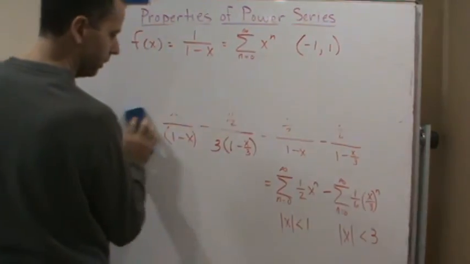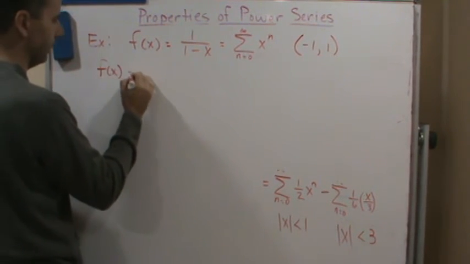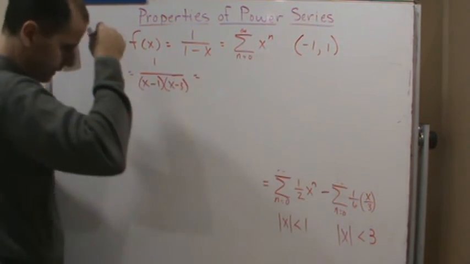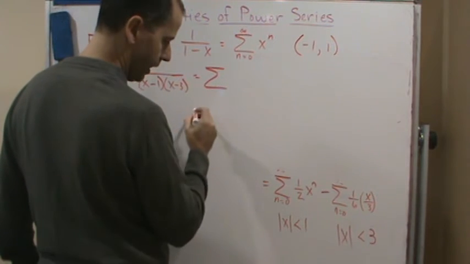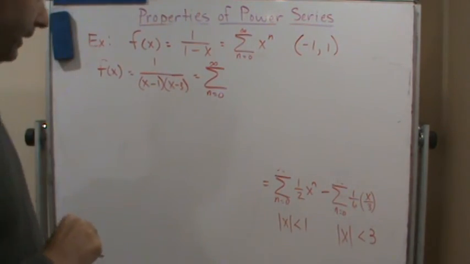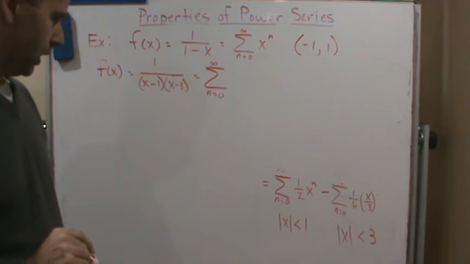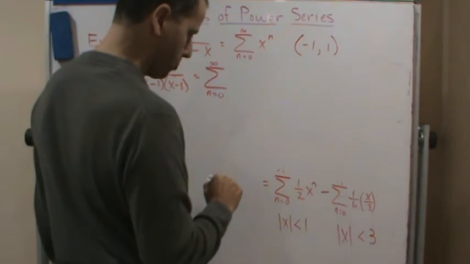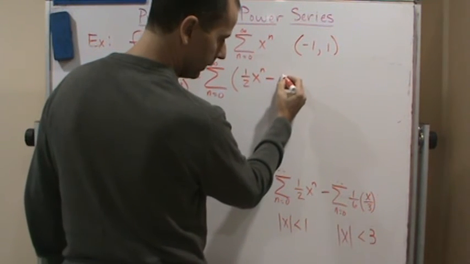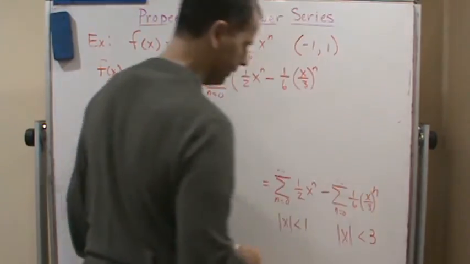So we got f of x equals 1 over x minus 1 times x minus 3 is equal to the sum of n equals 0 to infinity of, well now if we combine these based on their common interval of convergence, then we know that this is going to be 1/2 x to the n minus 1/6 x divided by 3 to the n.